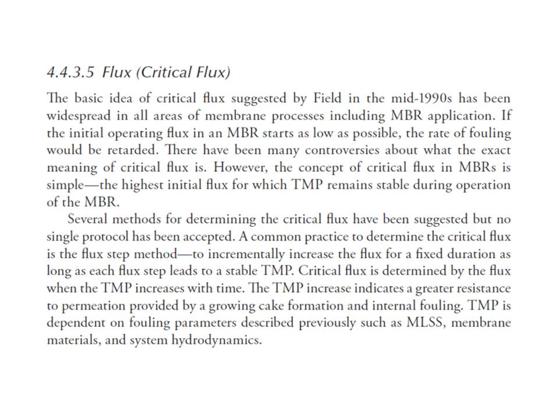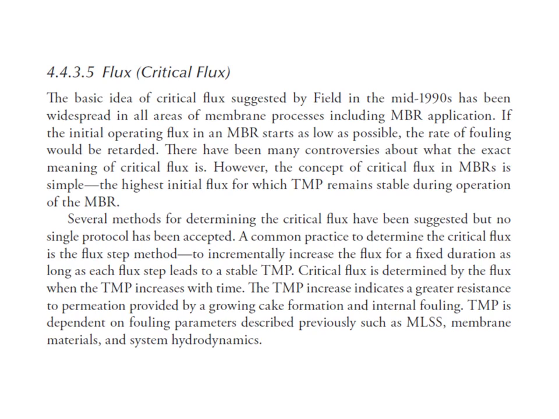If the initial operating flux in an MBR starts as low as possible, the rate of membrane fouling would be retarded. There have been many controversies about what the exact meaning of critical flux is. However, the concept of critical flux in MBRs is simple: the highest initial flux for which TMP remains stable during the operation of the MBR.